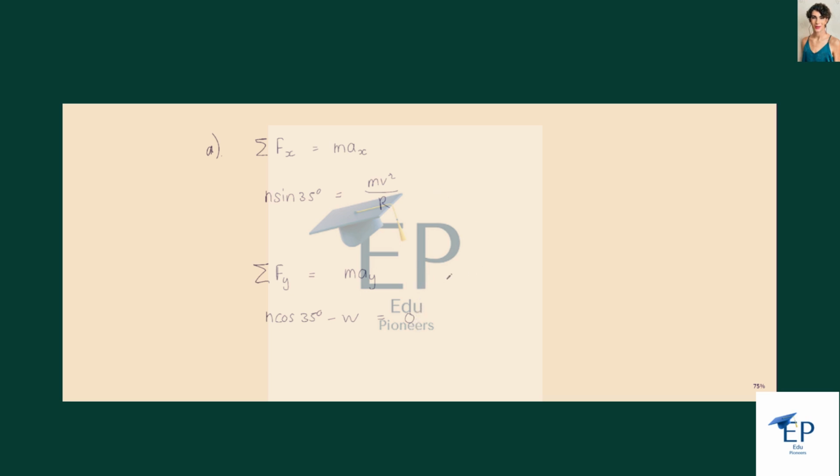So if we divide these two expressions, we can eliminate the normal force, and so we get n sine 35 degrees divided by n cosine 35 degrees is equal to m v squared over r times m times g.